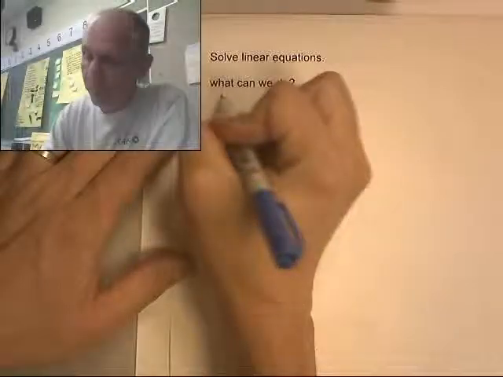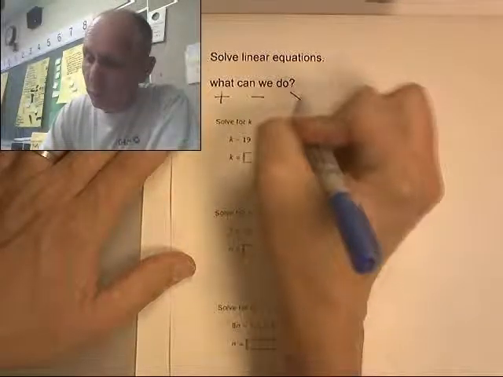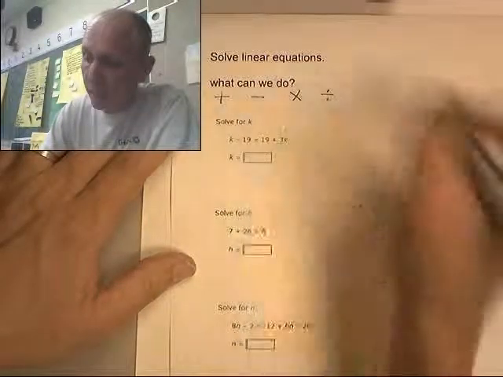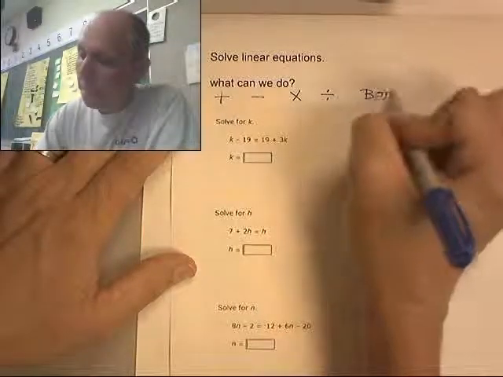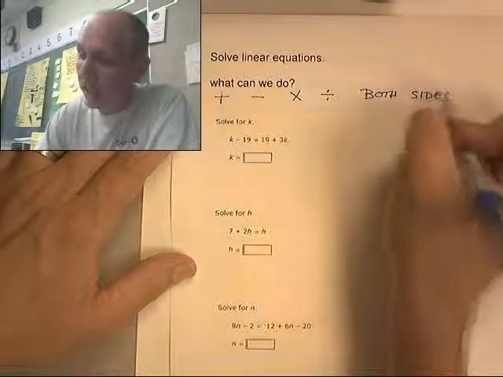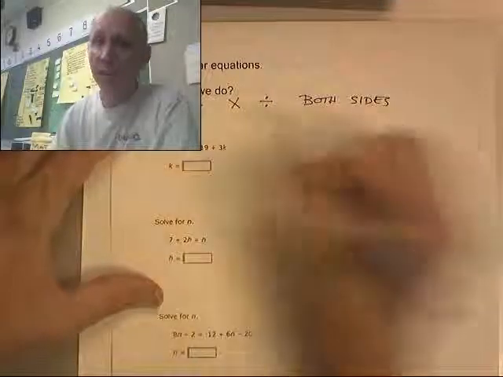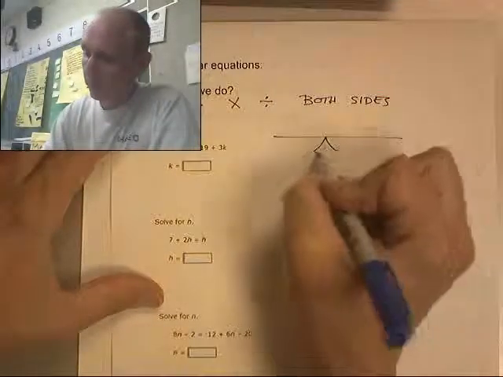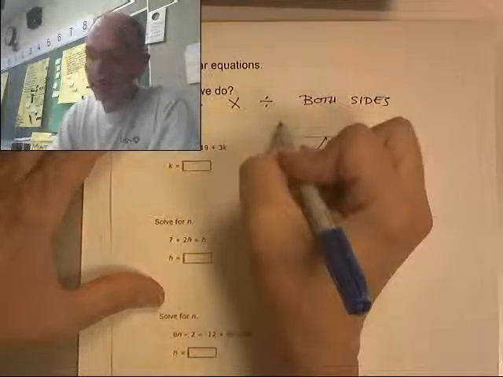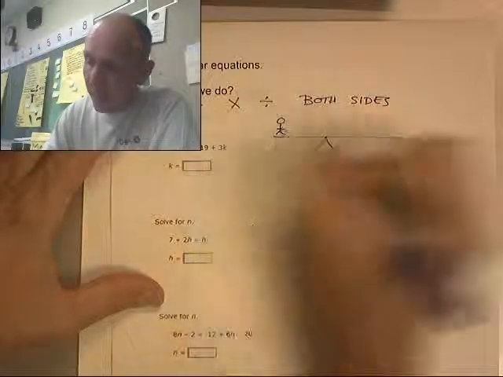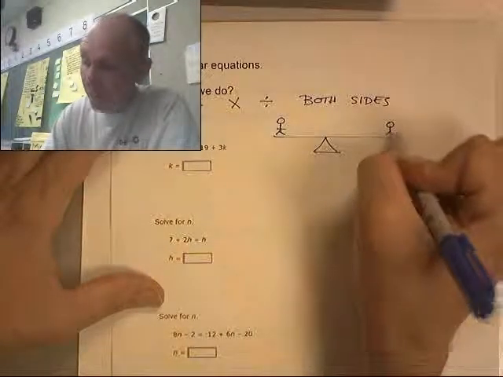So what can we do? We can add, subtract, multiply, divide both sides. Remember, equations are like a teeter-totter. If I add one guy to this side, I better add one guy to that side.